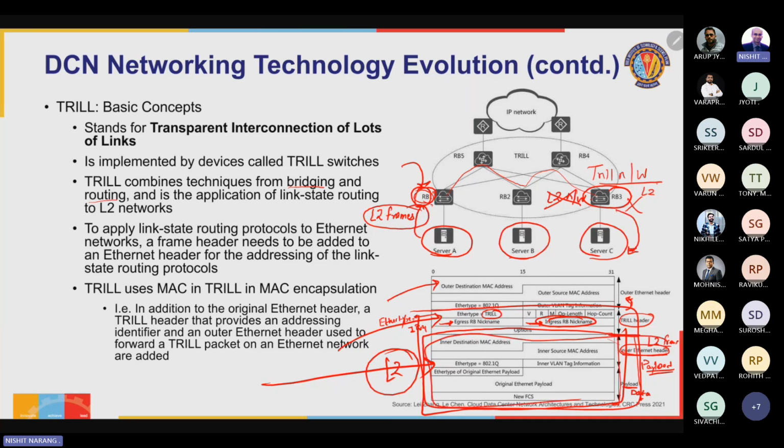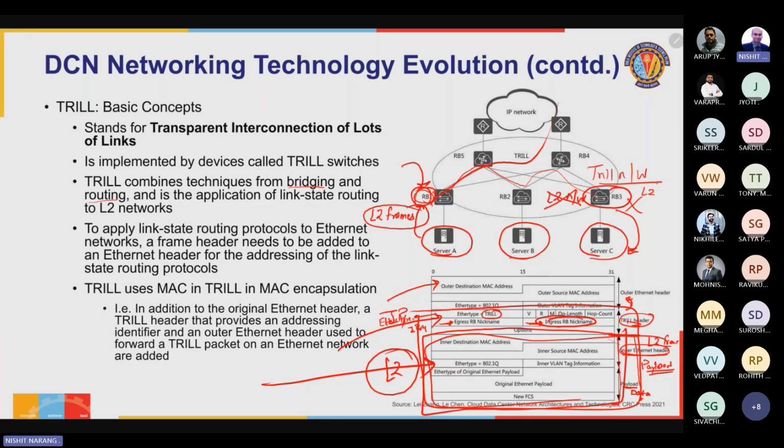So it's like a virtual private network. This is what we do over the internet when we create a VPN. Aren't we doing the same thing, except that instead of the Trill header we have an outer IP header? So it's like creating a tunnel through the Trill network between two servers.